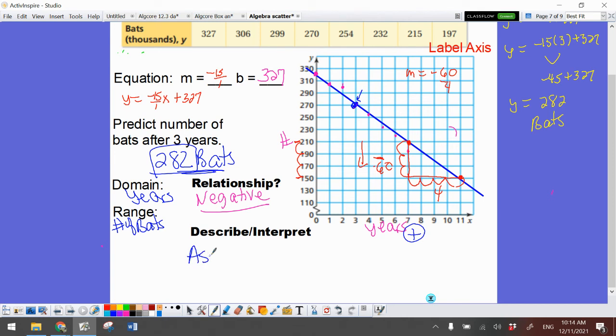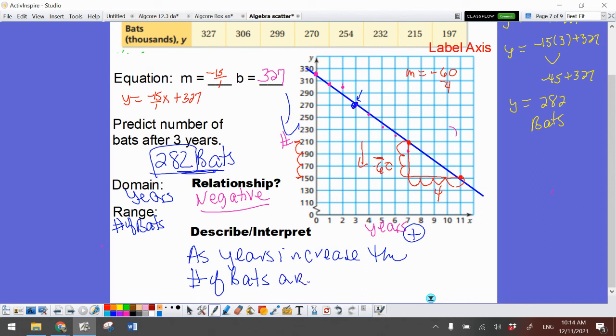So as the years increase, the number of bats, remember that's my Y value, what's happening? They're not going up. The bats are going down. So the number of bats are decreasing.